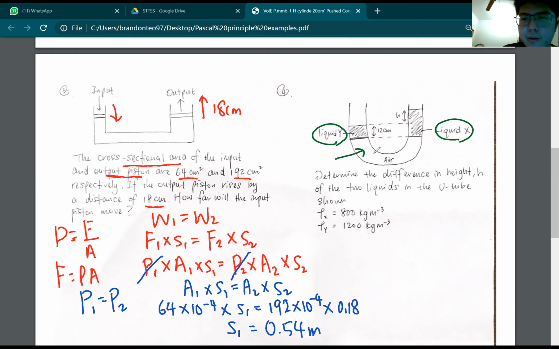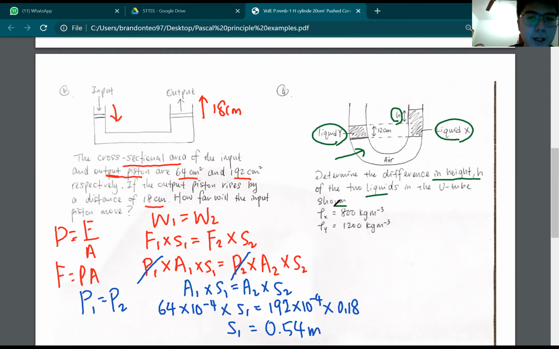This is the A, right? Now you got no piston here, no piston. Okay, so just that these two liquid here is balanced by this A here. Now here you have unknown height H. Determine the difference in height of the two liquids in the U-tube shown.